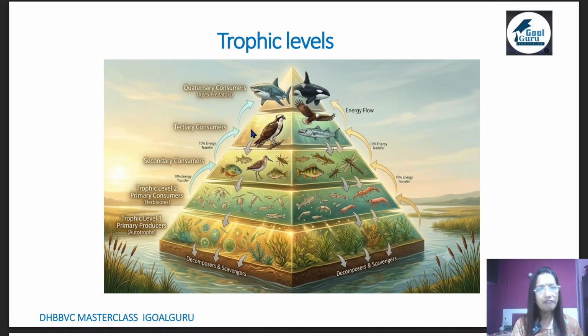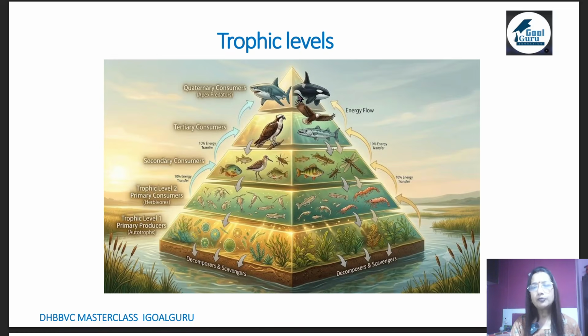As we move to the very top, we see the apex predators, and those apex predators include the lions and the tigers, okay, the sharks, okay. Now, understand one very important thing here. These quaternary consumers or the apex predators, you will find that they are very few. They are very few, okay.